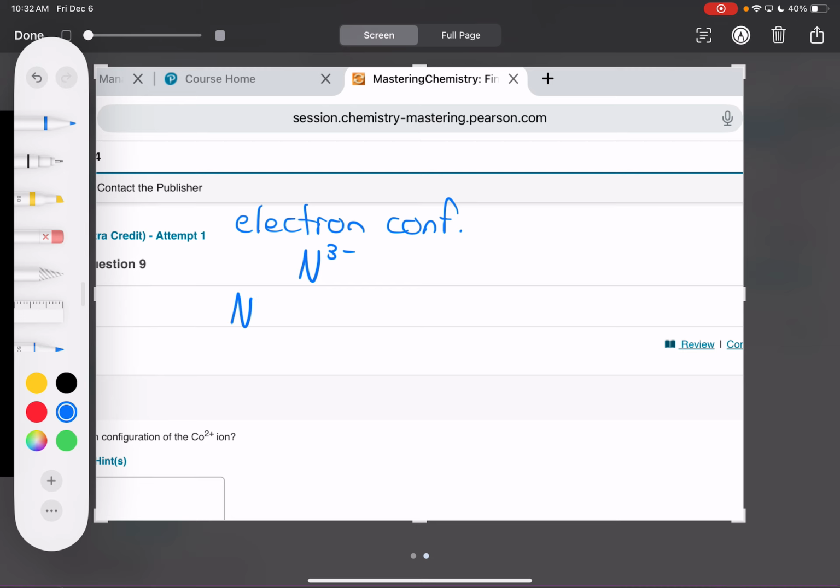Okay, so normal nitrogen should be 1s2, 2s2, 2p3. So the ion means I gained 3 electrons. Where do those 3 electrons go? They just fill up that p orbital, so it would be 2p6.